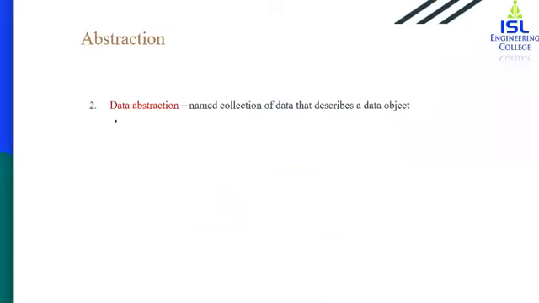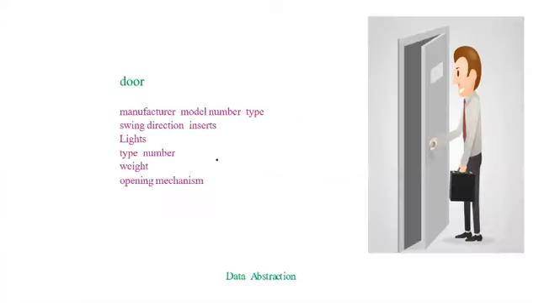The next one is data abstraction. The second type is data abstraction. Data abstraction is a named collection of data that describes the data object. We studied the term open for the door within procedural abstraction.